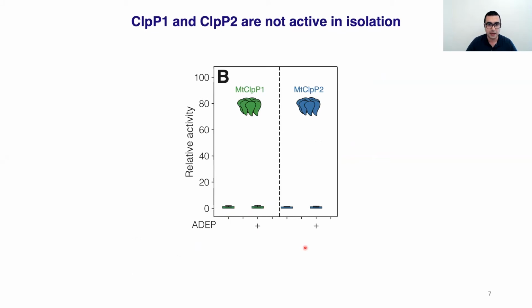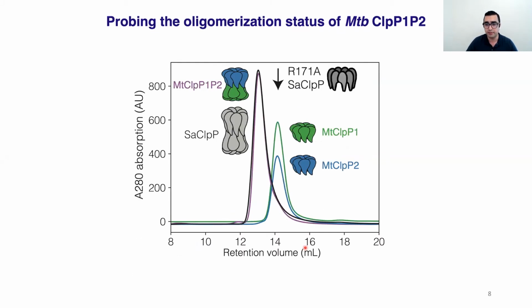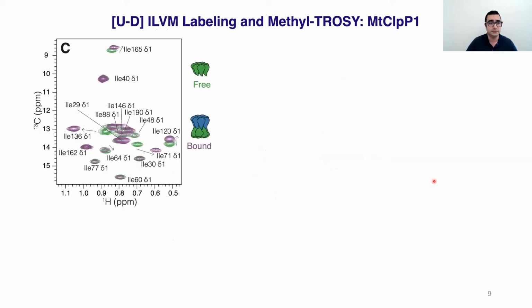Given that we have both of these now in high quantity, we can just mix the two of them, P1 and P2. You get a shift in the sizing column profiles, which now co-elutes with the Staph ClpP. So it turns out that the two of them bind. One can relatively easily probe this and quantify these interactions using methyl-TROSY NMR.